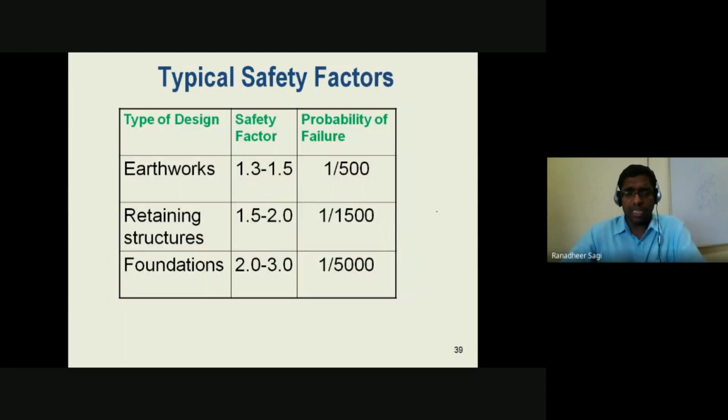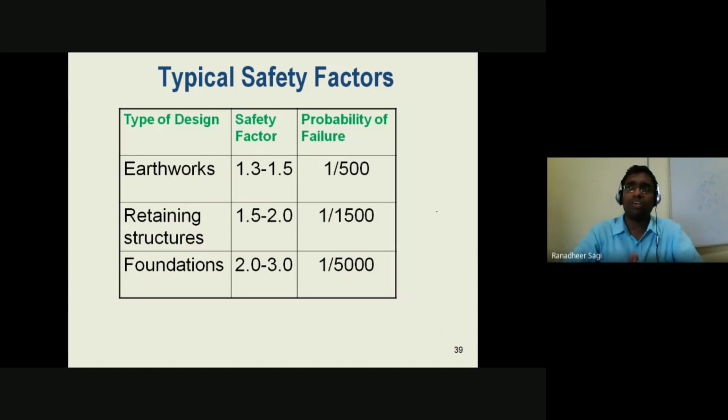For any geotechnical structure that we come across, we try to have a certain factor of safety to ensure that the structure we are trying to design is going to be safe against failure. Depending on the importance of the structure and various aspects, that is, the economic aspects and livelihood aspects, we will take a decision on whether to have a higher factor of safety in the design of that geotechnical structure, or whether a lower factor of safety is sufficient.